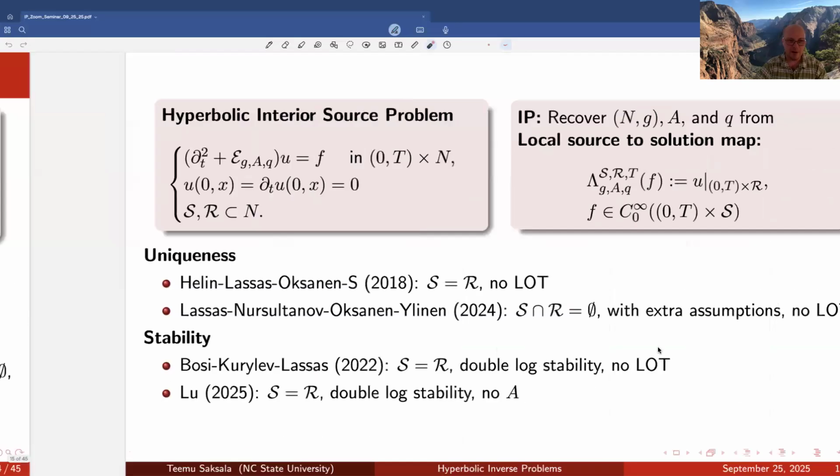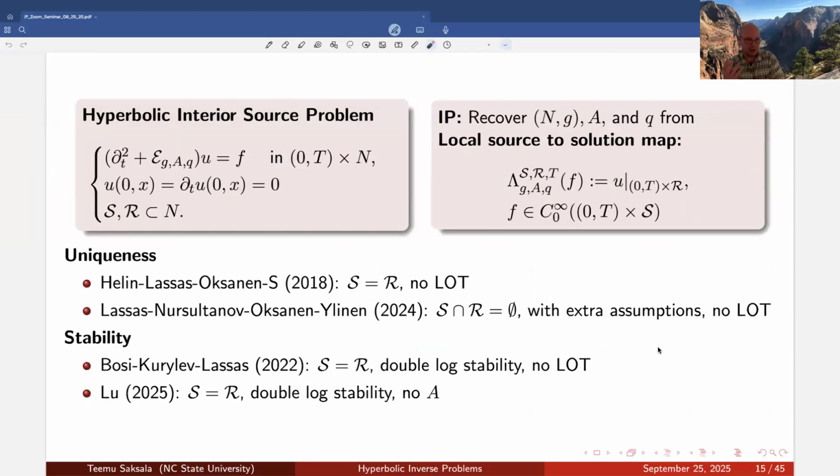Okay. So then about the closed manifold, when I don't have the boundary and my measurement is the local source to solution operator. This kind of setting has not been studied as extensively as the case with the boundary. The first work that I know about this case is the one I did with Tapio Helin, Matti Lassas, and Lauri Oksanen in 2018, where we did not have lower order terms, but assumed that I send the waves in the same set where I receive them, and we showed that you can recover the geometry uniquely.